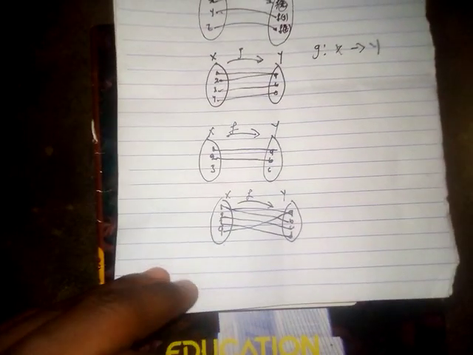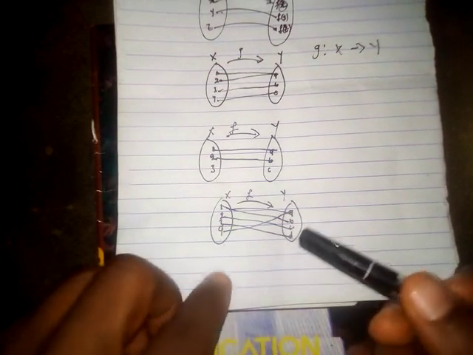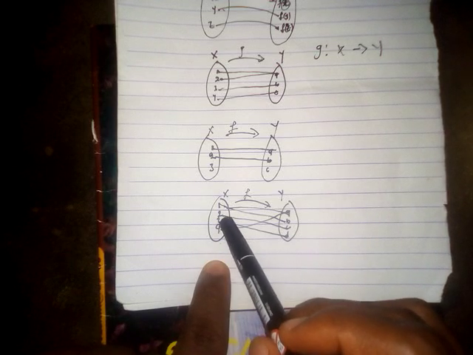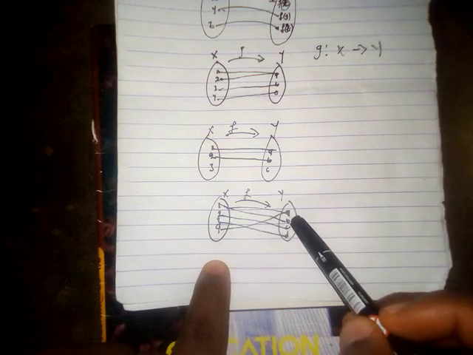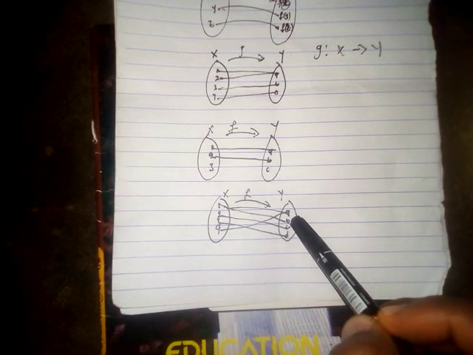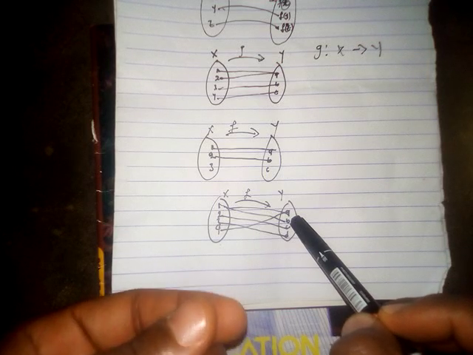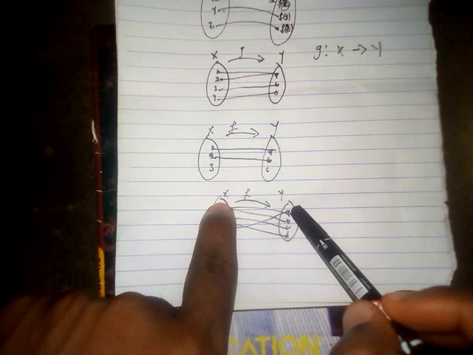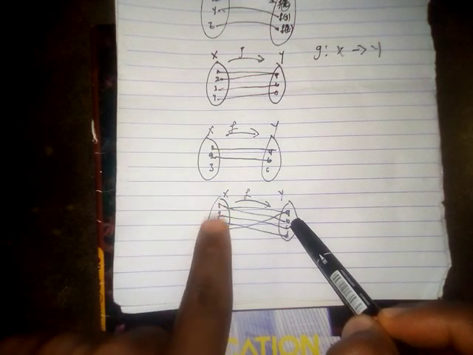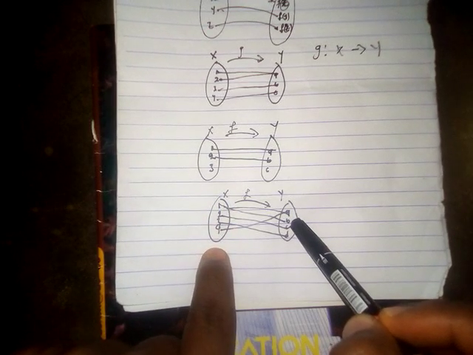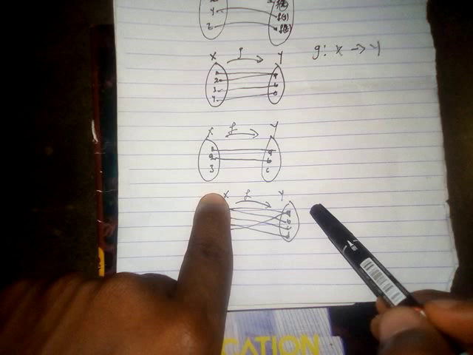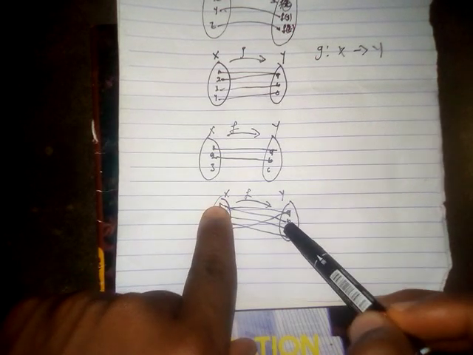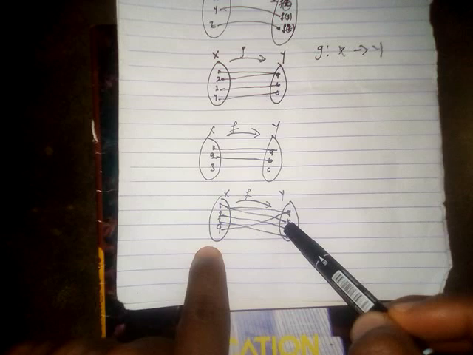Now observe that one of them is being assigned to two elements, whereas our definition says it must be assigned to a unique element in the codomain. Now 1 is being assigned to a and b. You see that this makes it not a function, because a son cannot have two fathers. It's not possible for a son to have two fathers, so it's not a function.